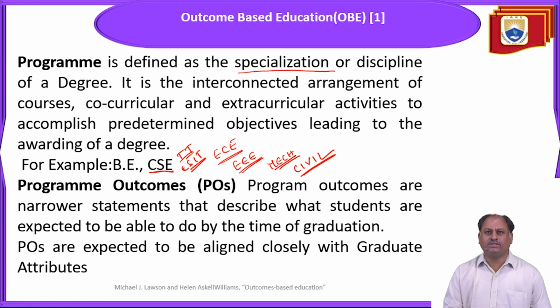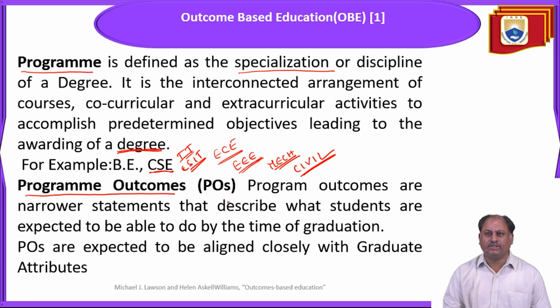So like this, an interconnected arrangement of courses, co-curricular and extracurricular activities, and predetermined objectives leads to the award of a degree. So this is the program, which contains the discipline and is an interconnection of all these. Whereas program outcomes, you have seen program.